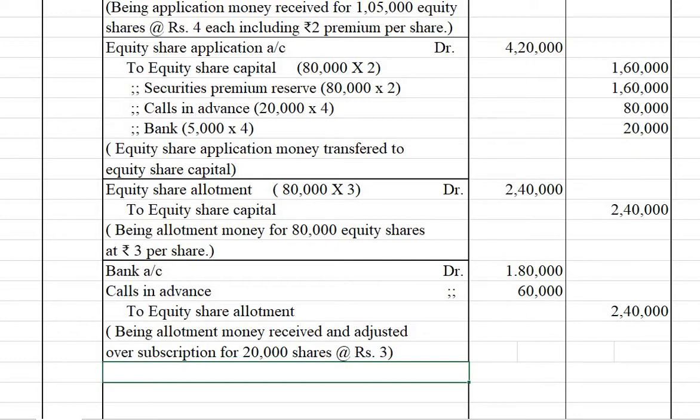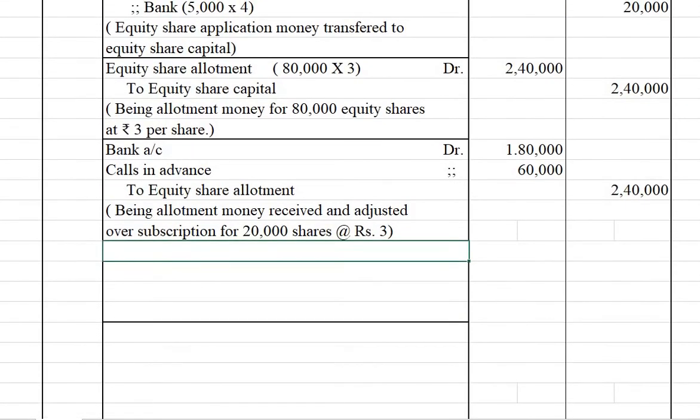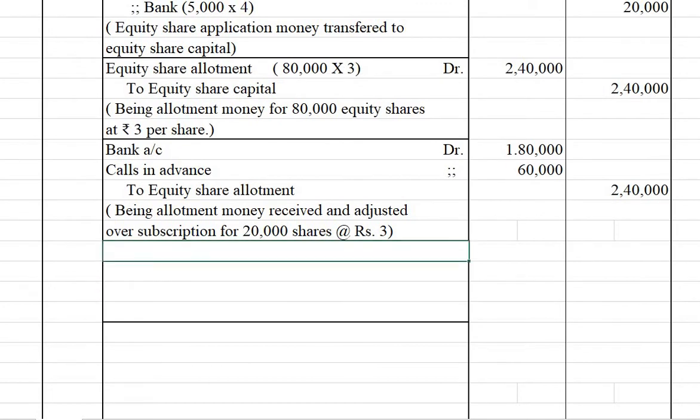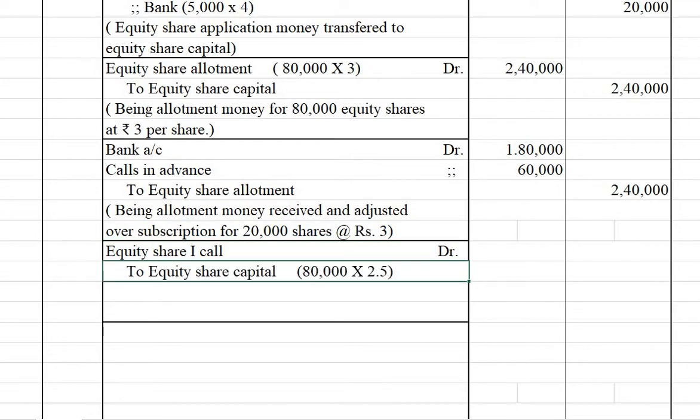Then let us write the next journal entry, for share first call due. What is the journal entry? Equity share first call debtor to equity share capital.